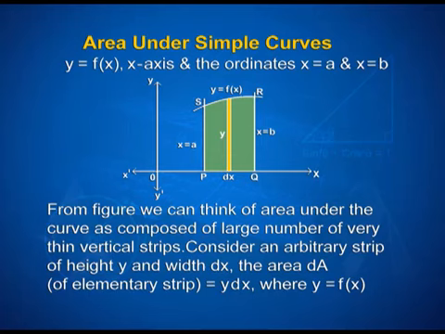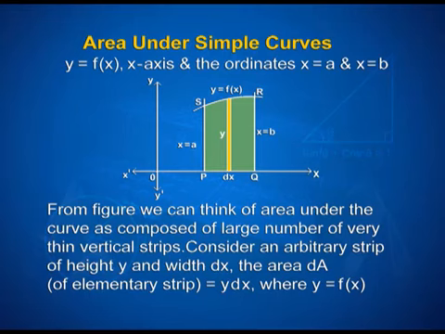From the figure, we can think of area under the curve as composed of a large number of very thin vertical strips. Consider an arbitrary strip of height y and width dx. The area dA of the elementary strip is equal to y dx, where y = f(x).